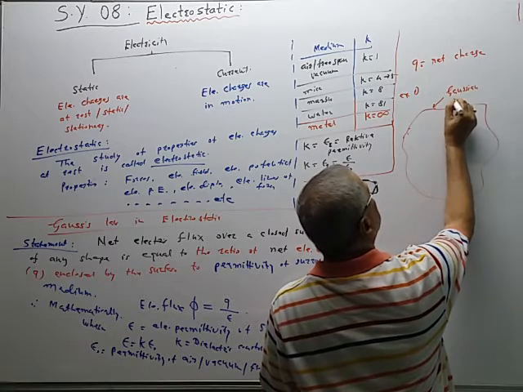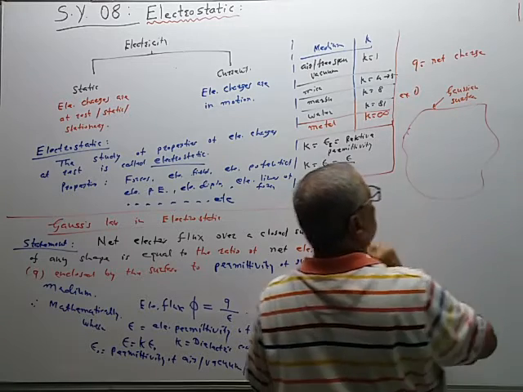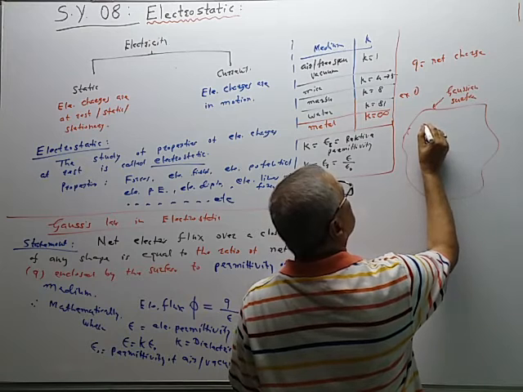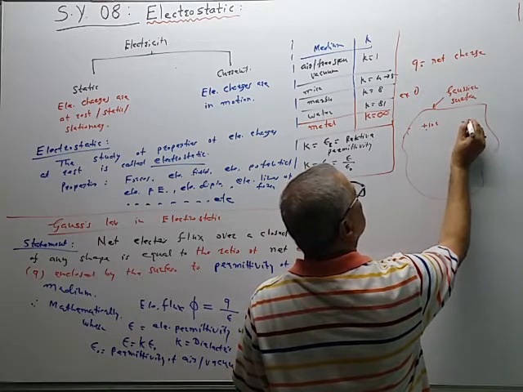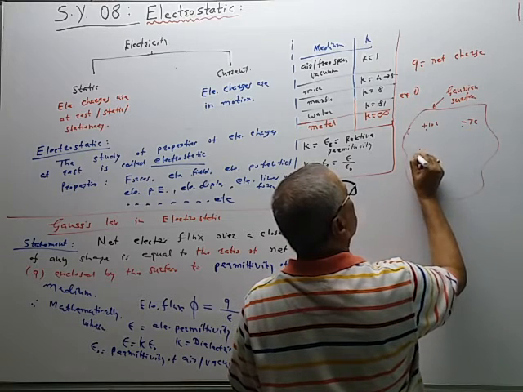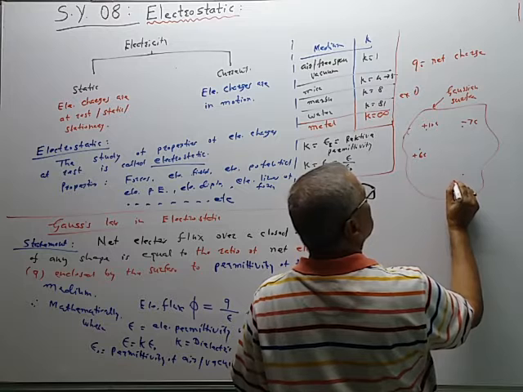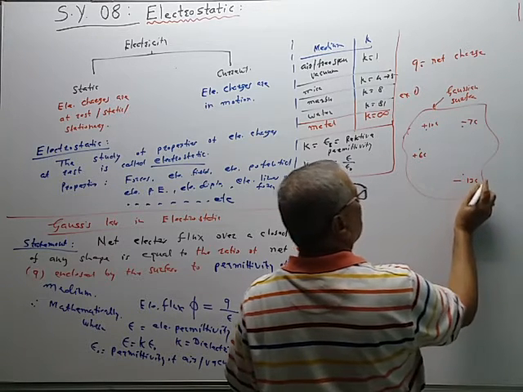The surface for which we apply Gauss theorem is called a Gaussian surface. In this Gaussian surface, suppose this is the charge plus 10 coulomb, this is minus 7 coulomb, plus 6 coulomb and minus 13 coulomb.